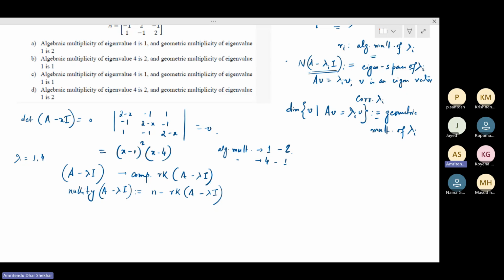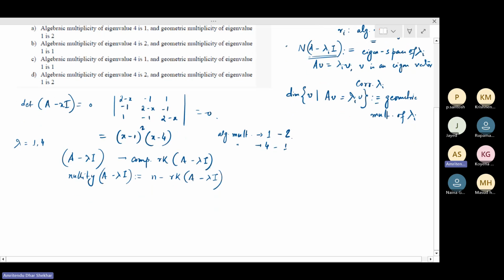It could be a column form or a row form. Just read the number of zero rows or zero columns, however you have reduced it, and that would give you the nullity of the matrix. Okay, so the nullity would be equal to the geometric multiplicity of the eigenvalue.